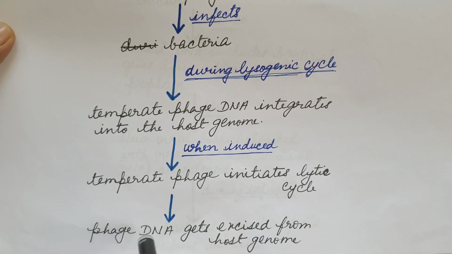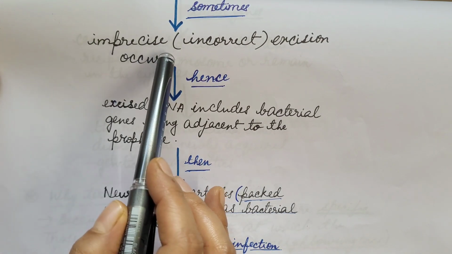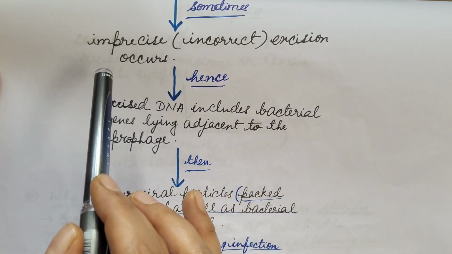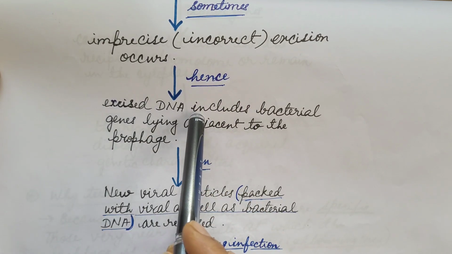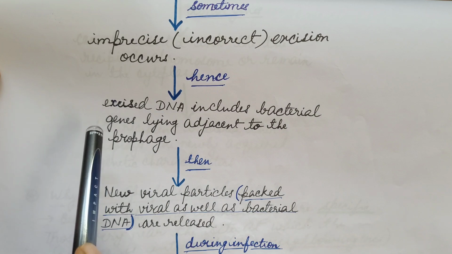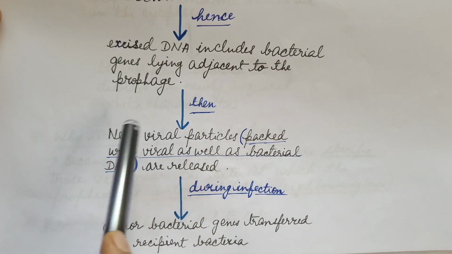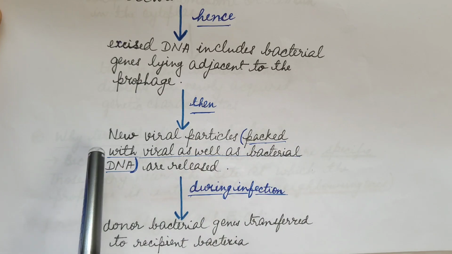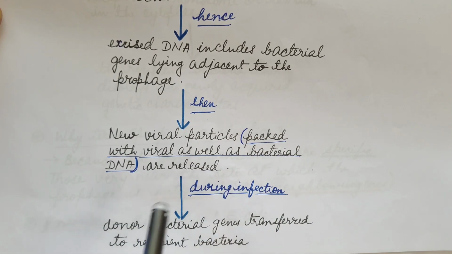In this process, phage DNA gets excised from the host genome. Sometimes imprecise or incorrect excision occurs. Hence, the excised DNA now includes bacterial genes lying adjacent to the prophage. Then new viral particles packed with viral as well as part of bacterial DNA are released.